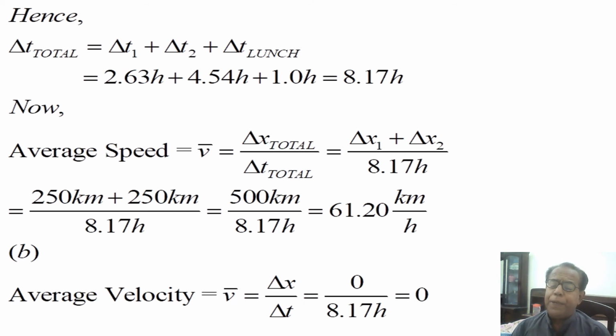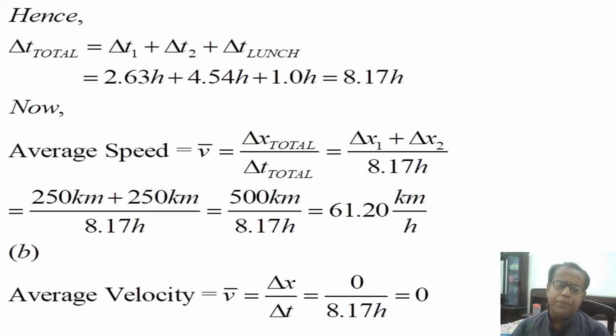We can simply write it as 61 kilometers per hour. It does not make very much difference. Whether we write it as 61.20 kilometers per hour or simply 61 kilometers per hour, our solution will be considered absolutely right.